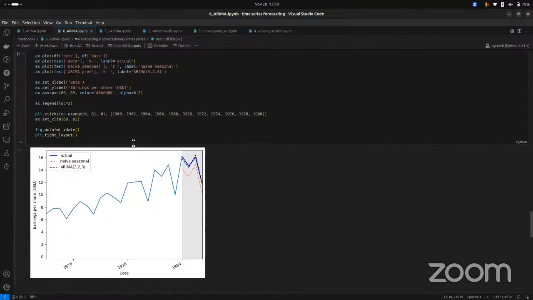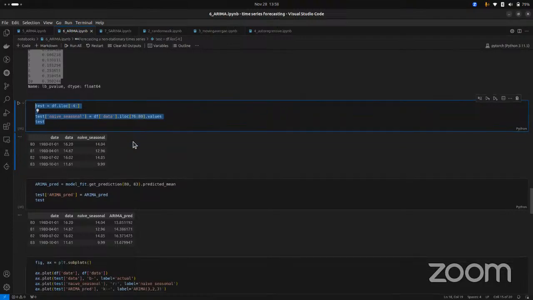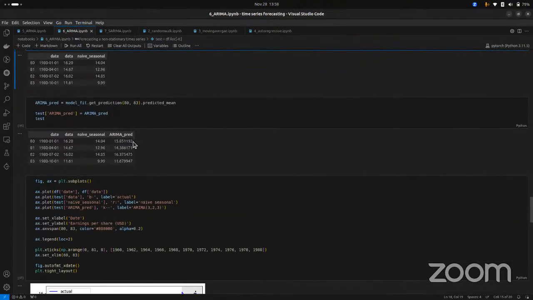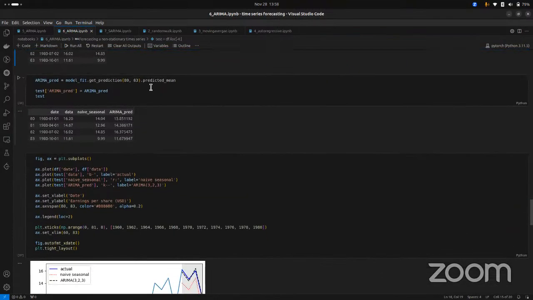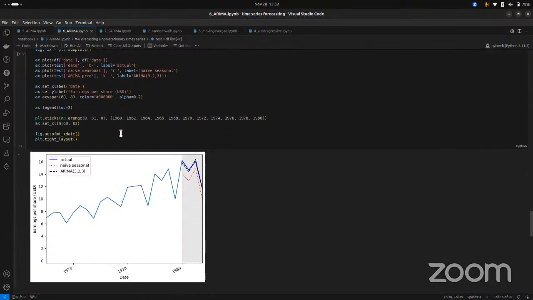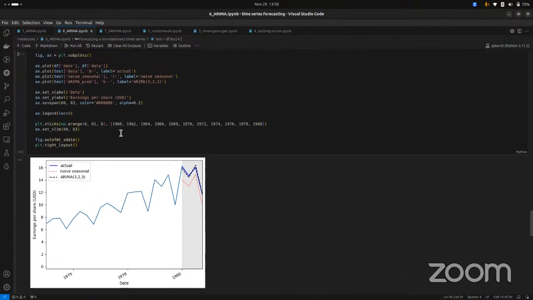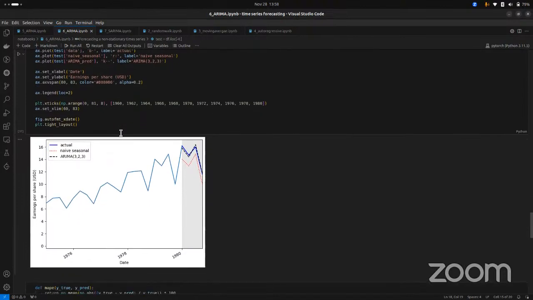I'm sorry, I'm not plotting the difference. Remember, we didn't do the differencing again. The model did the differencing for us. So we get that, and we're now going to plot the naive with the ARIMA model, and we see that the naive was not really that good compared to the ARIMA model that almost got close, or actually close, with the actual prediction.